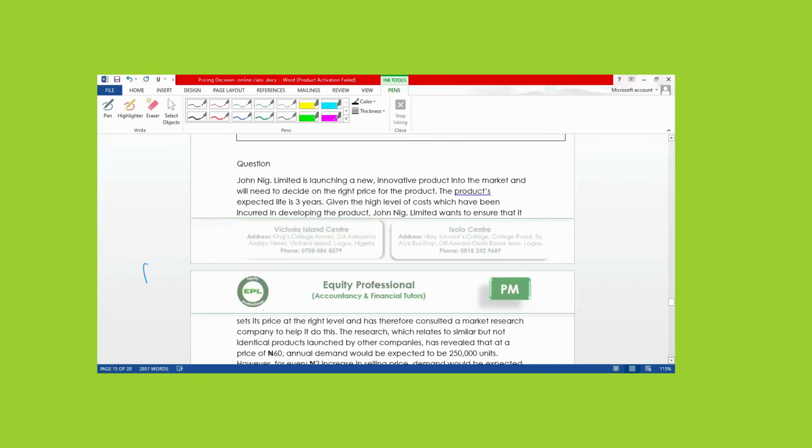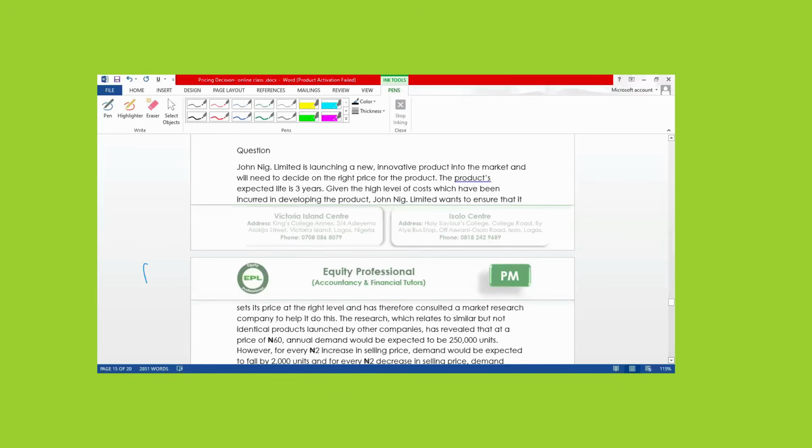I think this is November diet, I'm not 100% sure. But let's look at the question. It doesn't matter the diet. What matters is the principle and the knowledge. All right, we go to it.